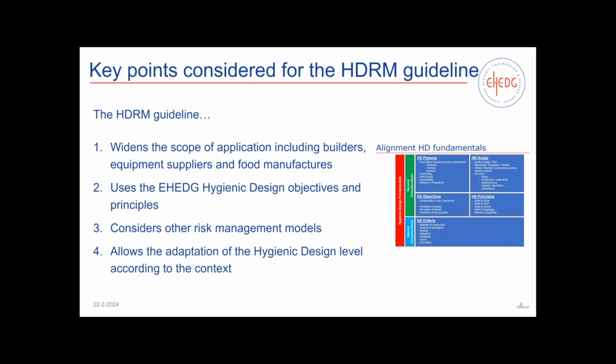And last but not least, it allows the adaptation of the hygienic design level according to the context. EHEDG's position is that hygienic design should be applied at all stages in the food supply chain. But then the nature and the relative relevance of hazards and risk will depend greatly on the position in which you are placed in the supply chain.